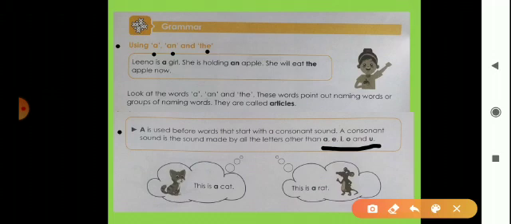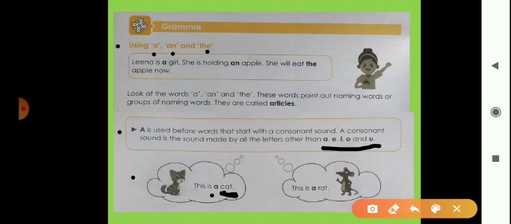So, a is used before words which start with consonants. For example, this is a cat. Cat is a naming word which starts with C, and C is a consonant. So, before this word we use a. Why a? Because C-A-T, cat, and C is a consonant. So, we use a here.